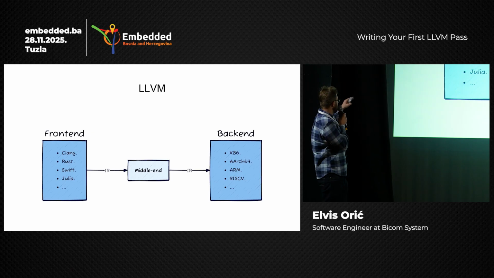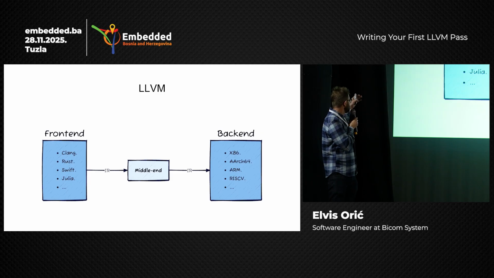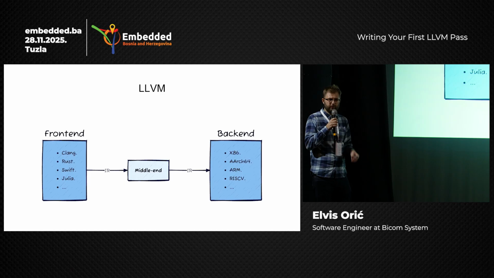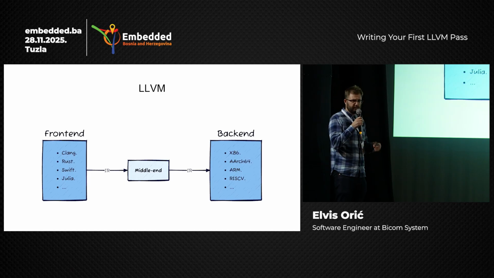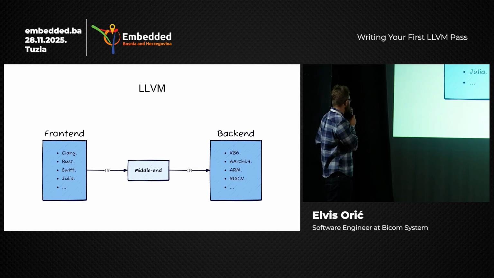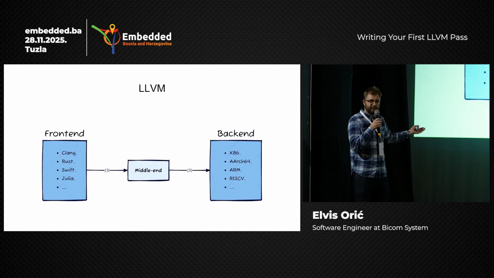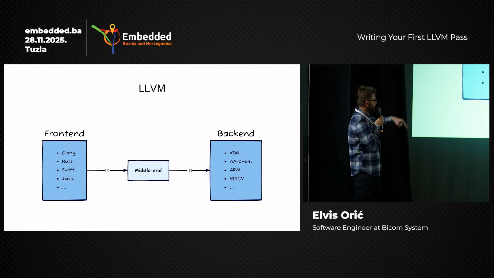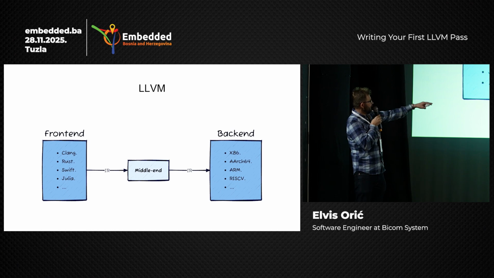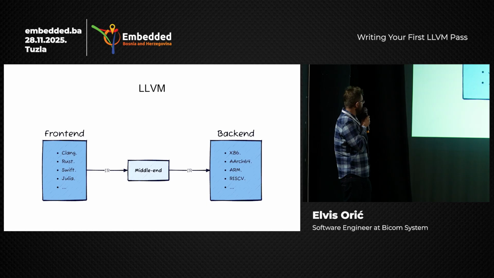We have front ends like Clang, Rust, Swift, Julia, nowadays Mojo, Zig and other languages. They transform their source code into intermediate representation, and then the middle end can do a lot of different stuff, and then we have our target platform.